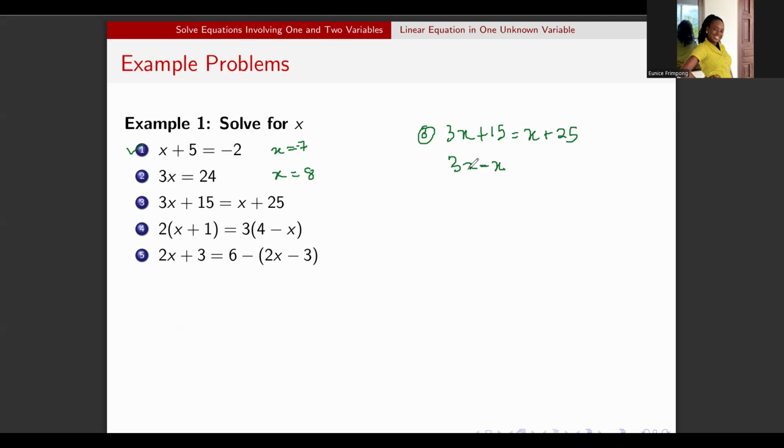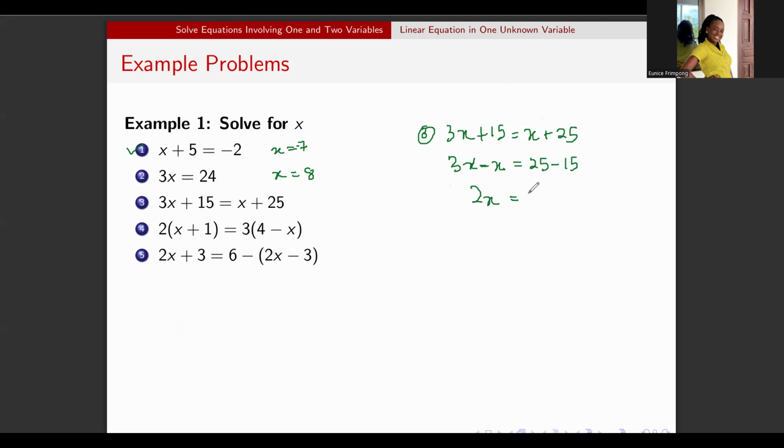Now, I'm going to also move this 15 to join its counterpart, which is 25. 15 here is positive. If I move it, it becomes negative 15. So I have equals 25 minus 15. Now to simplify, 3x minus x gives me 2x.